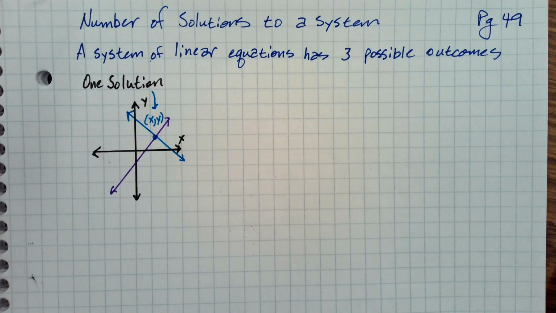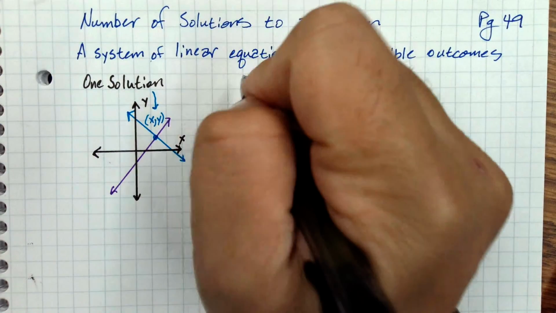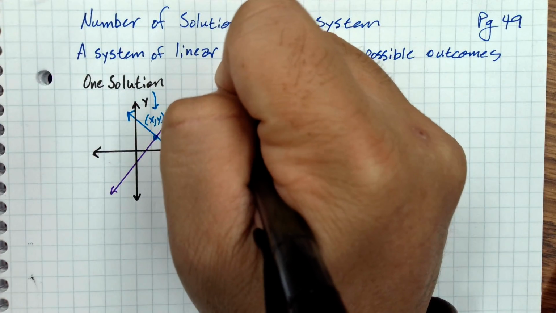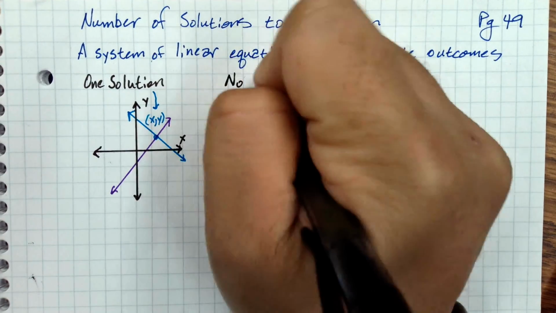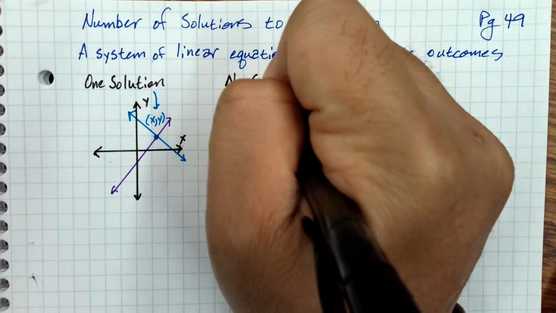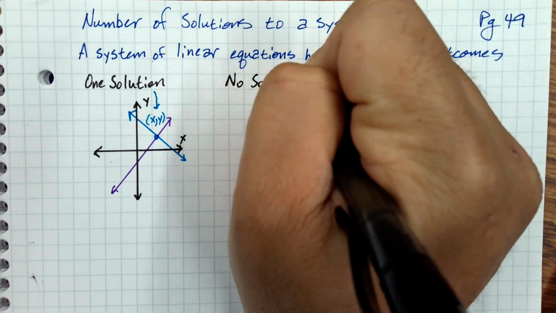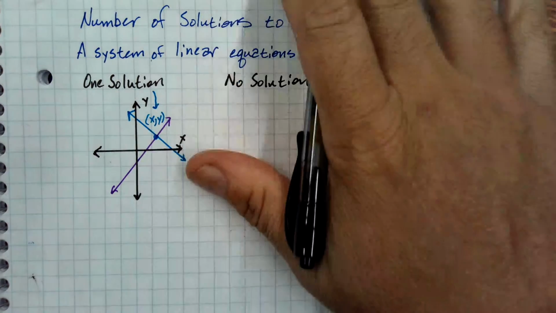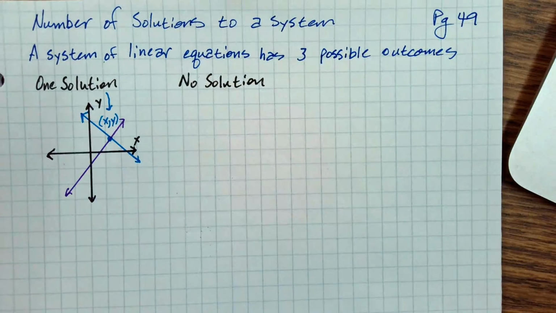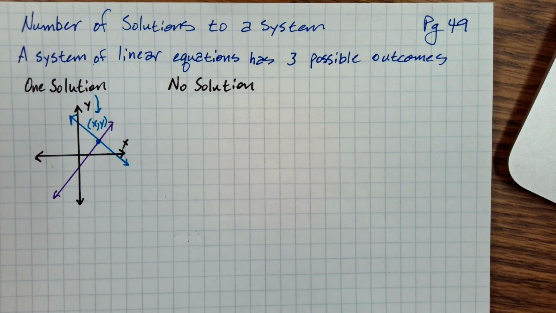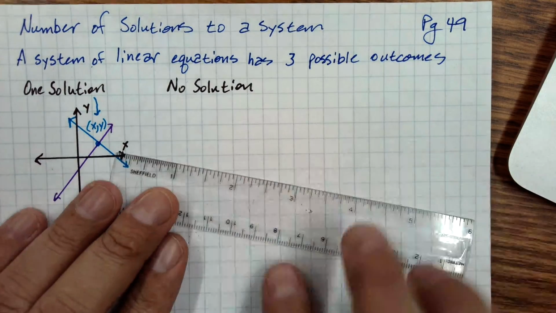Okay. Then we had a possibility of having no solution. So let's take a look at what a no solution should look like.